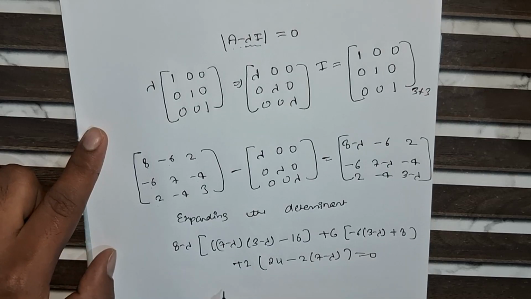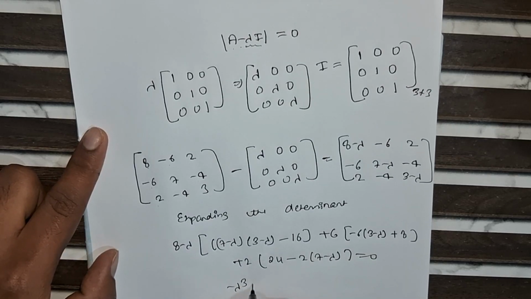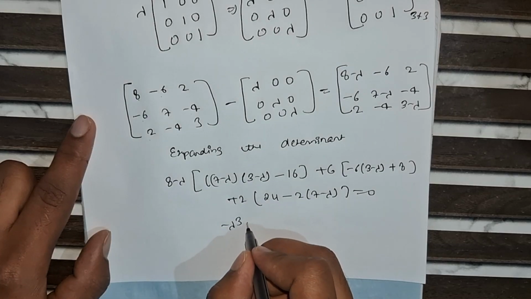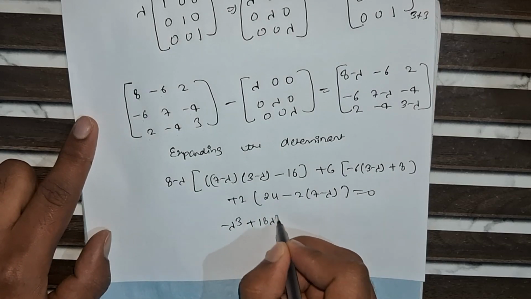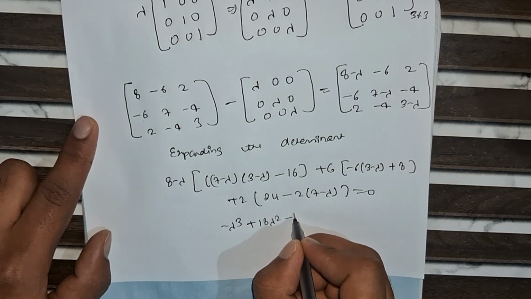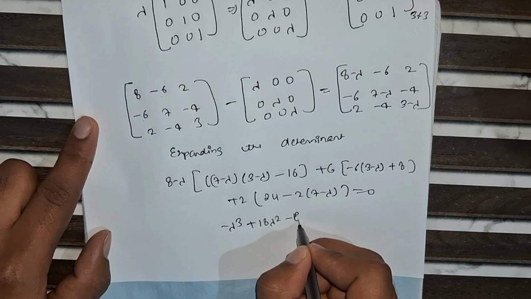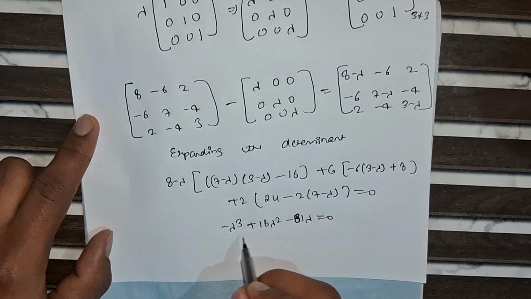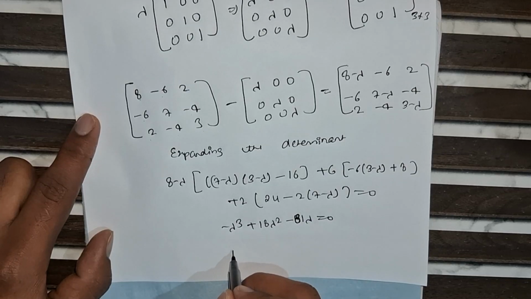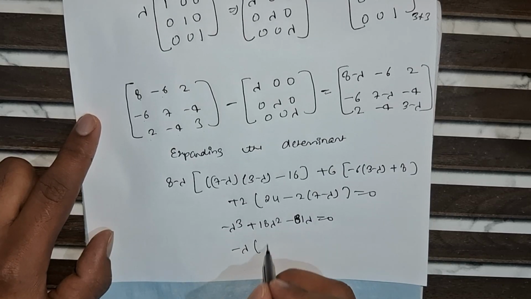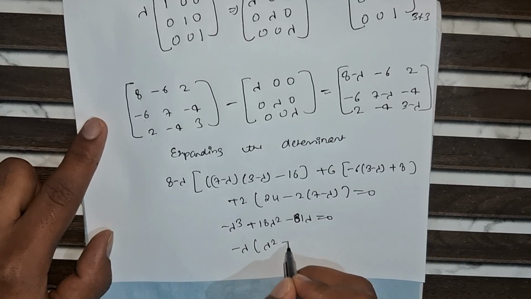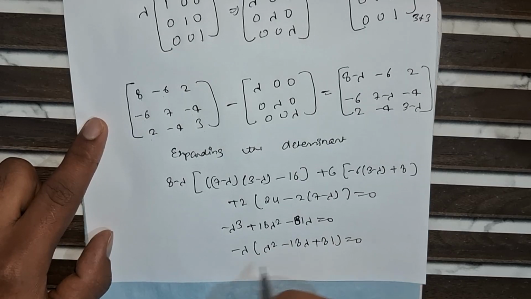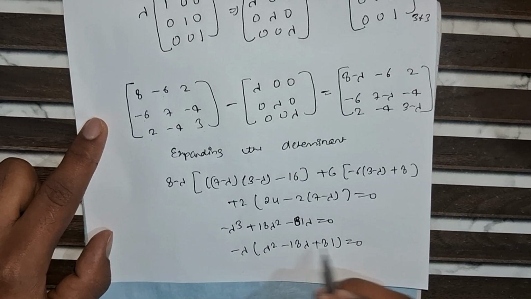So when you solve it, it becomes minus lambda cube plus 18 lambda square minus 81 lambda, which equals 0. Taking lambda common from this equation, it becomes minus lambda into lambda square minus 18 lambda plus 81, which equals 0.